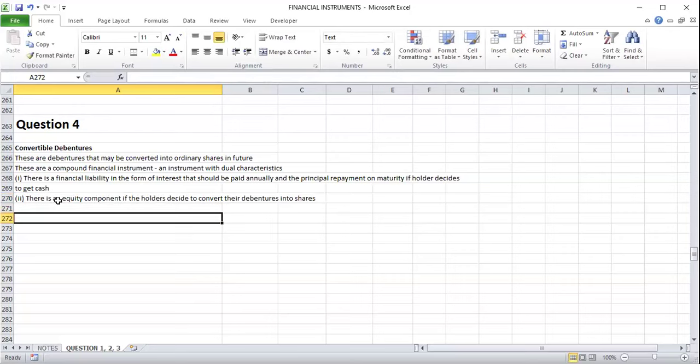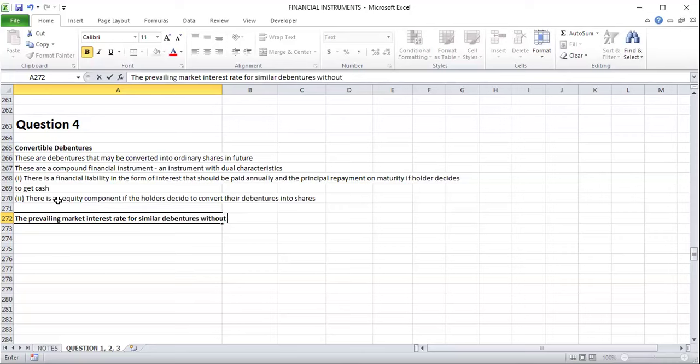Then first of all, just like the financial asset at amortized cost, we have to determine the effective interest rate. The effective interest will use the prevailing market interest rate for similar debentures without a conversion option.